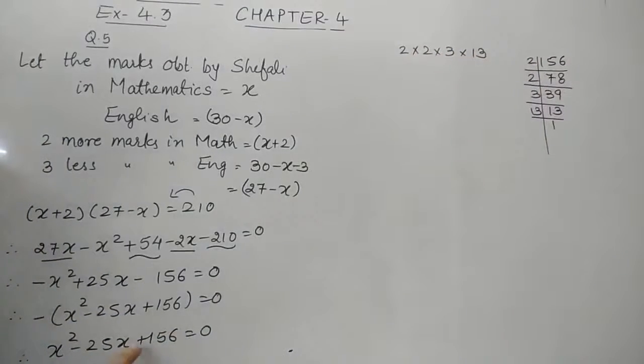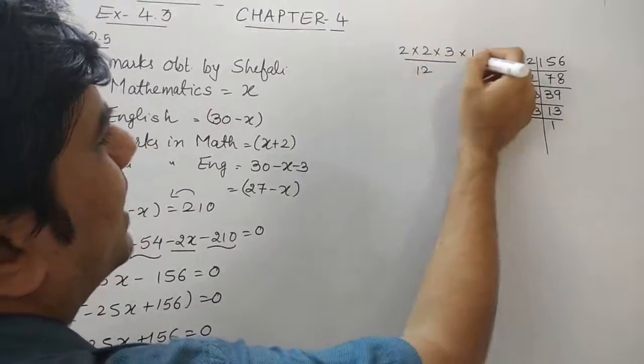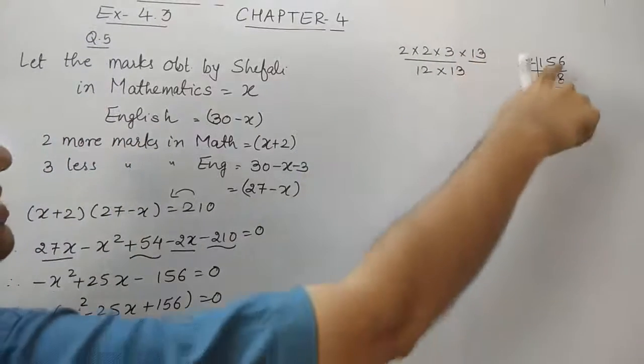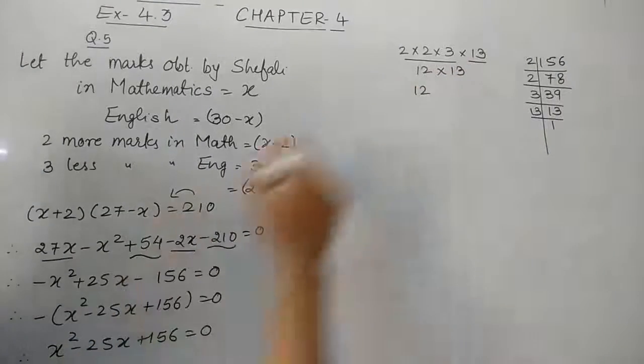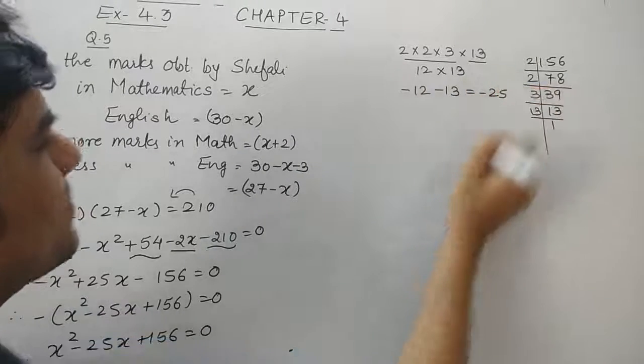Now look here, by addition we have to get 25. If I multiply this 3, that is 12 and the number is 13. So 12 into 13 must be 156, and as we have to obtain minus 25, minus 12 minus 13 is equal to minus 25.